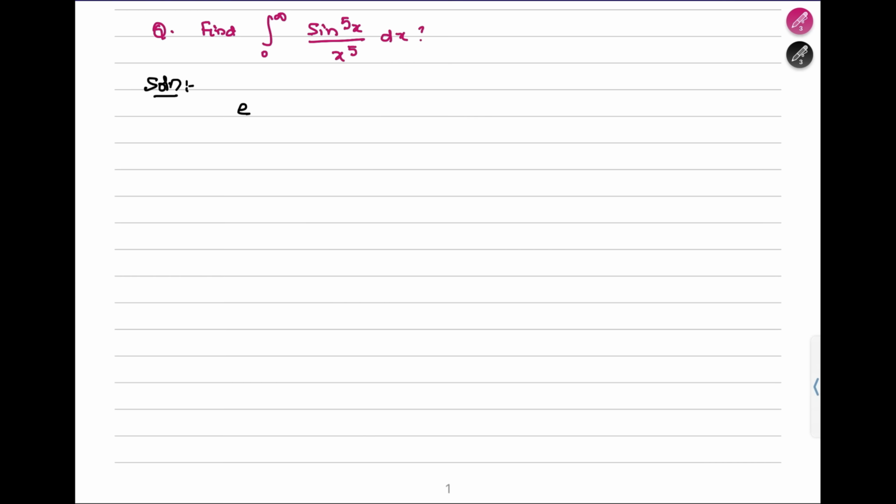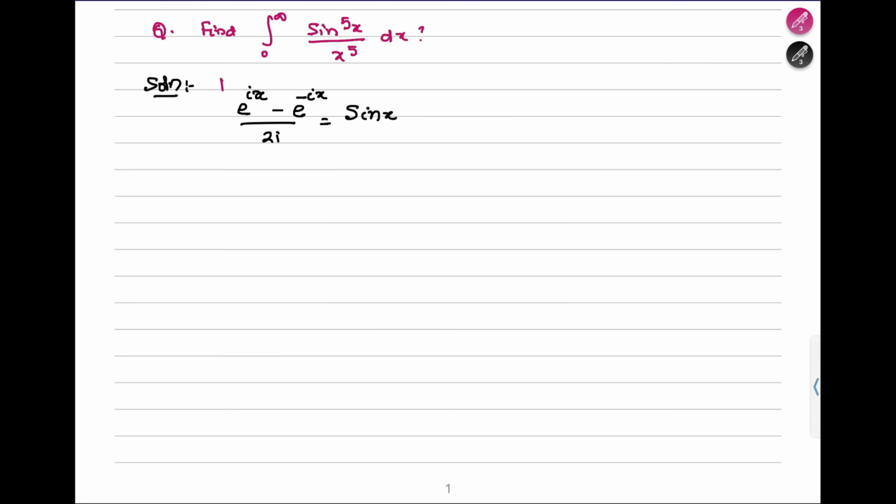What is e to the power of ix minus e to the power of minus ix whole divided by 2i? This is equal to sin x. This is what is from basics of the complex numbers.